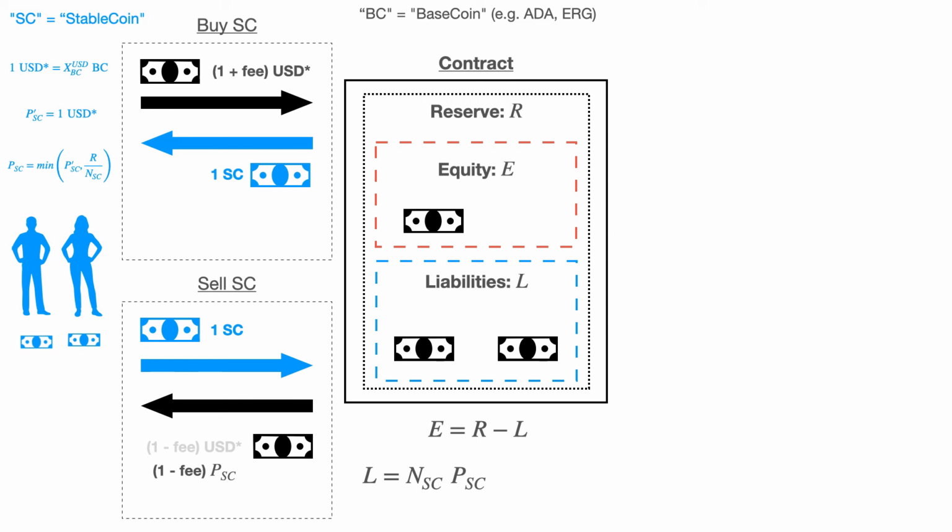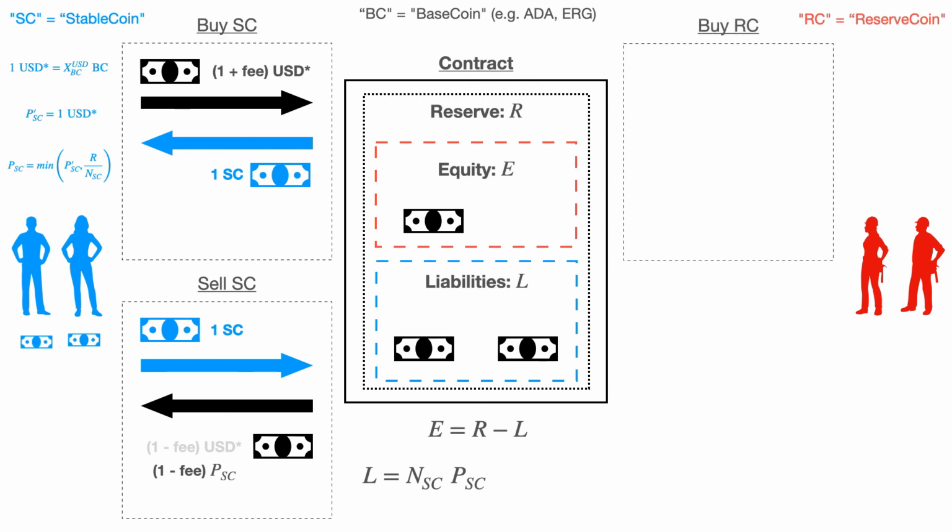So to improve on the situation, we have a second type of users, and these users would be incentivized to provide more equity to the contract, so that even if the price of the base coin falls, there will still be enough reserves to cover all the liabilities to the stablecoin holders, so that they can get $1 for their stablecoins.